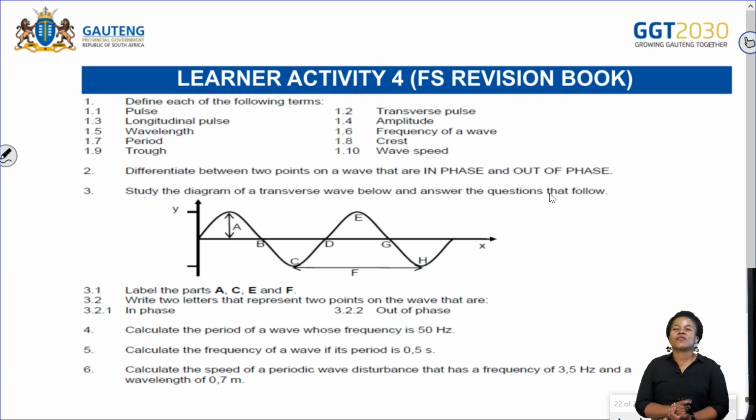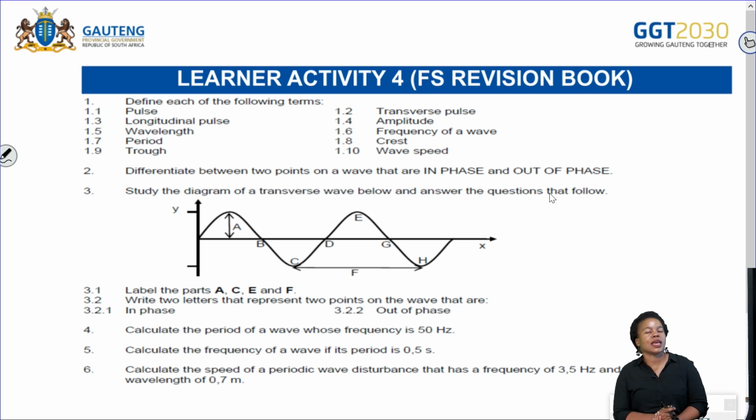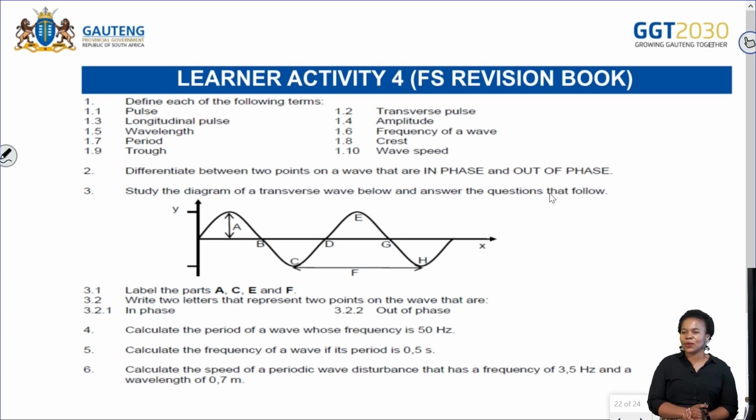Number 2, differentiate between 2 points on a wave that are in phase and out of phase. All right? So how can you differentiate between the points that are in phase and the ones that are out of phase? All right. Number 3, study the diagram of a transverse wave below and answer the questions that follow. Here's the transverse wave.